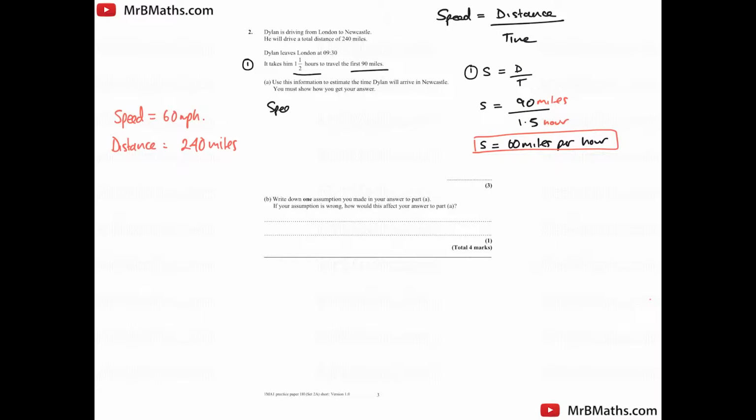So writing the equation again, speed equals distance over time. We need to rearrange this, so we need to get the equation to time equals. This is distance divided by time, so we need to times both sides by time.